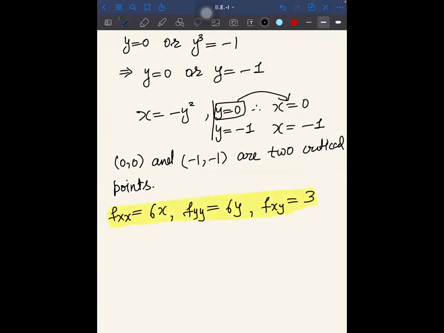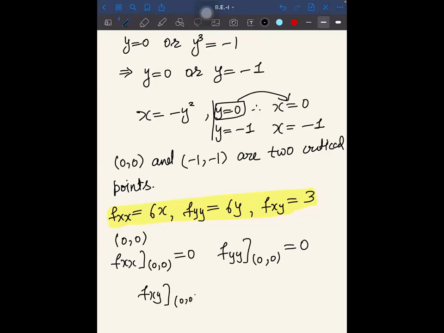So let's start with the 0, 0 point. First of all, fxx at 0, 0 becomes 0. fyy at 0, 0 is 0. fxy at 0, 0 becomes 3.